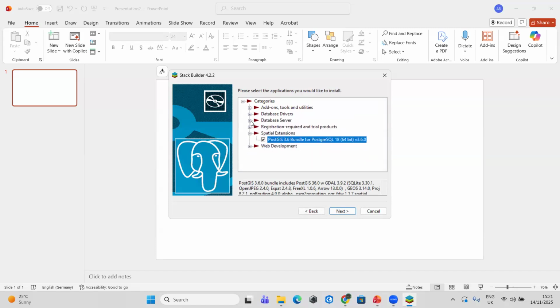Database drivers. Database server. This is already installed. What does it mean of web development? We can also do web development on databases. Even I'm not sure. Okay. Next. Go to next.